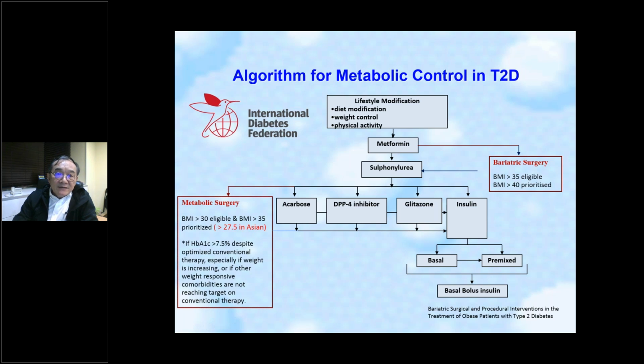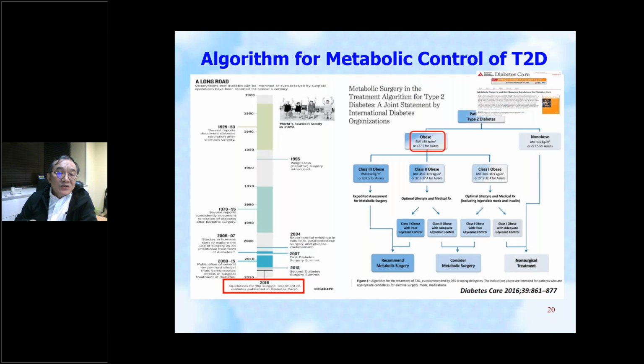And we have the guideline from the IDF showing that this kind of treatment can be provided in Asia with BMI more than 27.5. And also from the ADA, from 2016, metabolic surgery was incorporated in the treatment algorithm for obese diabetes patients.